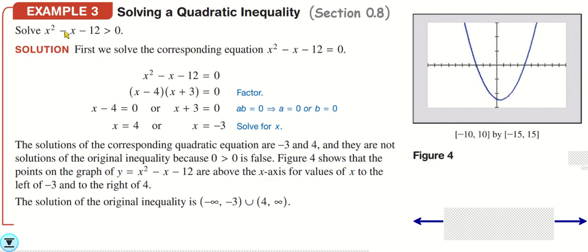So the graph is the blue parabola here, right? And if you just wanted to do it graphically, you're just looking at it and going, okay, for what values is the parabola greater than 0, which means above the x-axis. If it's above the x-axis, that means it's greater than 0. It's essentially greater than y equals 0. Remember, y equals 0 is the x-axis.